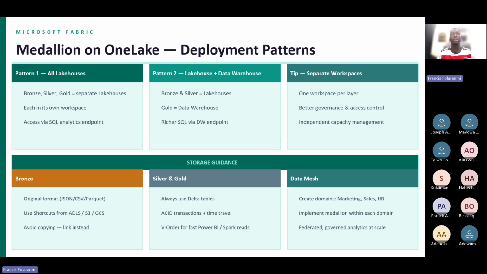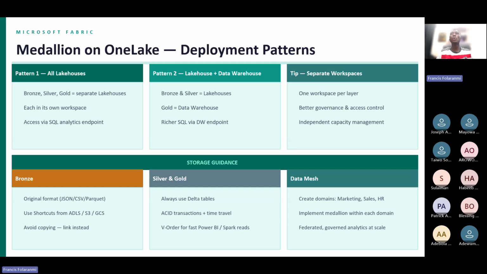Another pattern typically that you will see is you have your bronze layer and your silver layer as lakehouses, and then your gold layer as a data warehouse, because a data warehouse has a richer SQL endpoint that actually allows you to use all the SQL syntaxes, as compared to lakehouses that are restricted in some of the syntax.